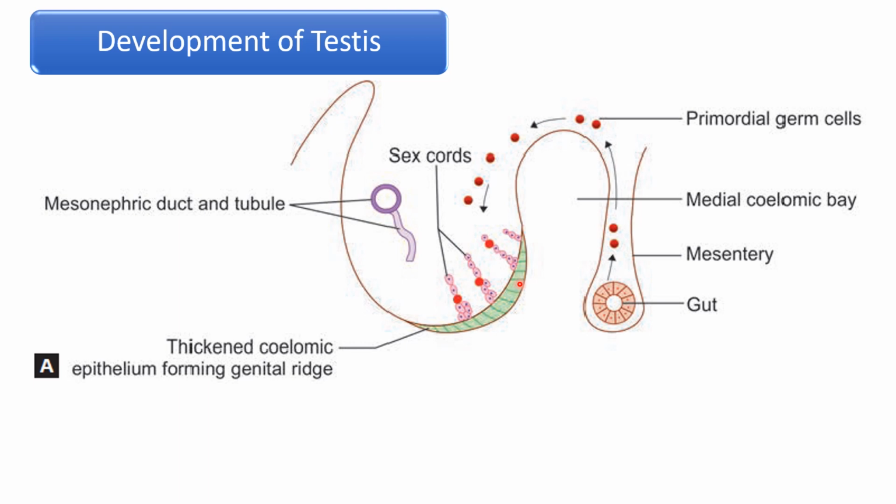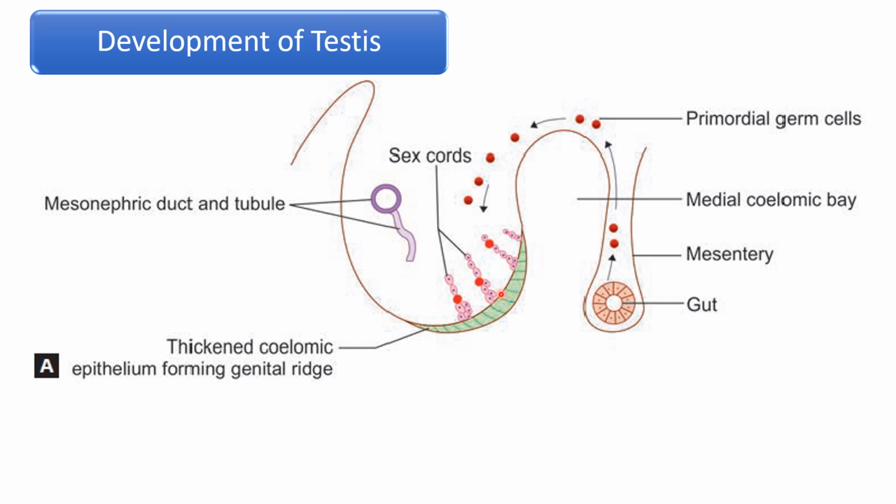In the region where the testis is to develop, the epithelium will become thickened. You can see the thickening over here, and this thickening is known as the genital ridge. The cells of the germinal epithelium proliferate. We can see the proliferation, and they form sex cords. They are solid structures.